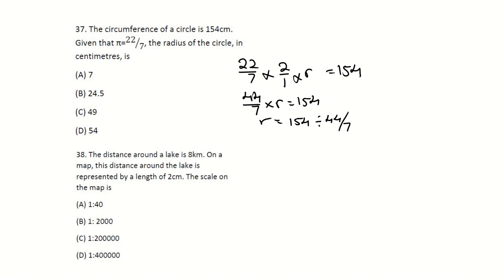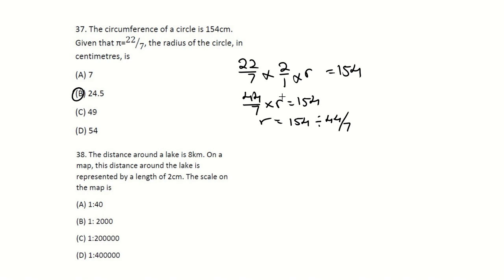So 22 over 7 times 2, right? Multiplied by 24.5. So the answer here is B. When you do the question, you'll get B as your answer. When you put in 24.5 in this, you're going to get 154. So that's how you would have gotten this.